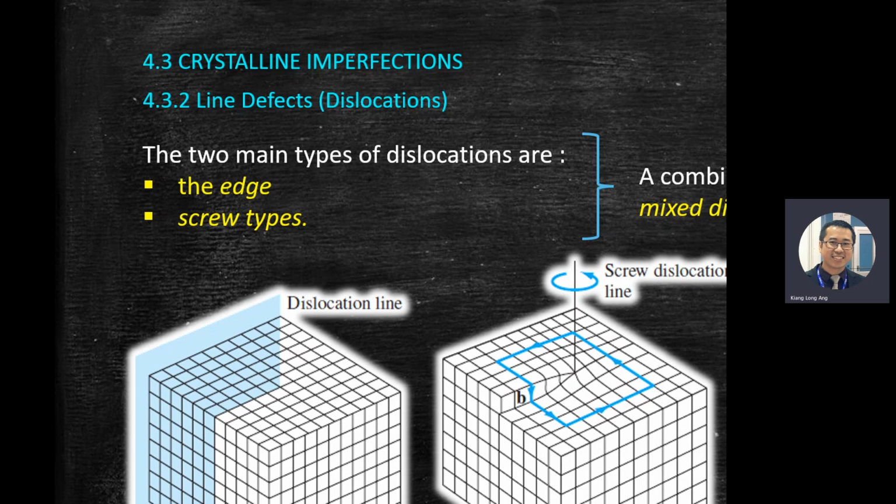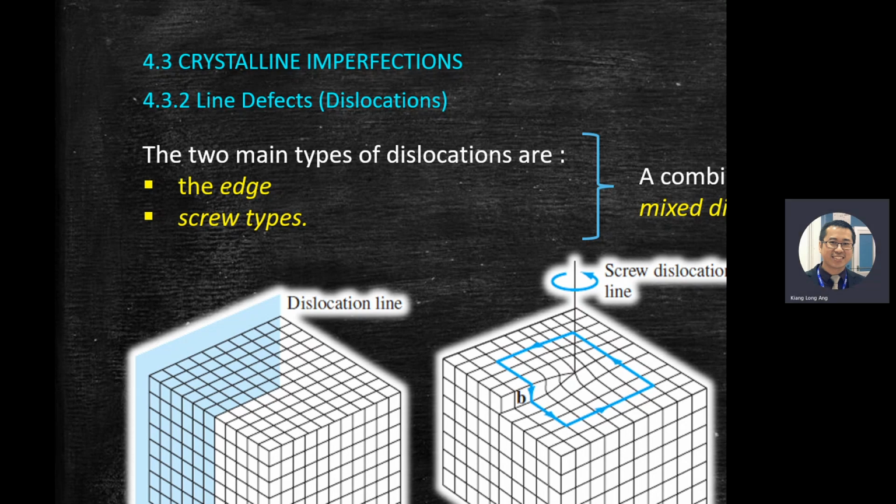So there is like an earthquake. It will slip like that, up or down, never mind, but the motion will be slipping like that. So when it slips, you will form a screw dislocation.